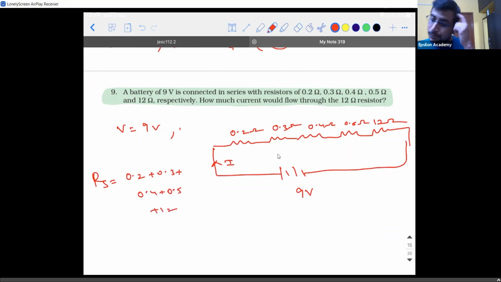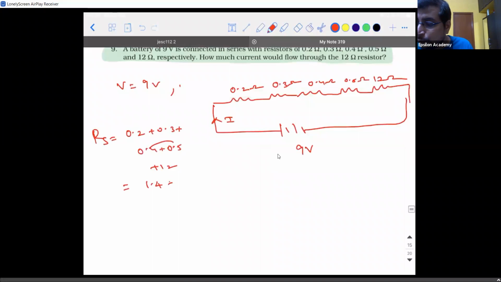How much is it? 0.5 plus 0.4 is 0.9, 0.9 plus 0.3 is 1.2, 1.2 plus 0.2 is 1.4. Correct? So 1.4 plus 12 is going to be 13.4 ohm.